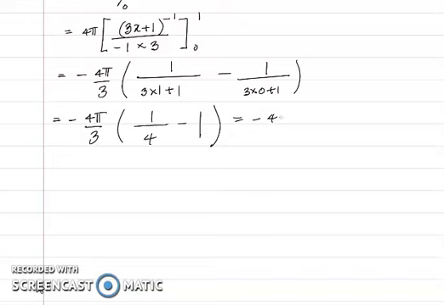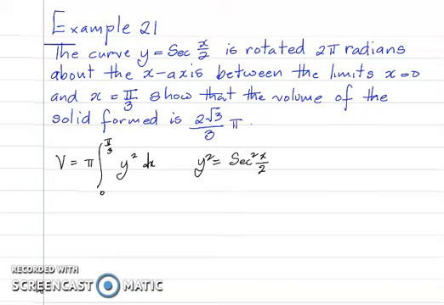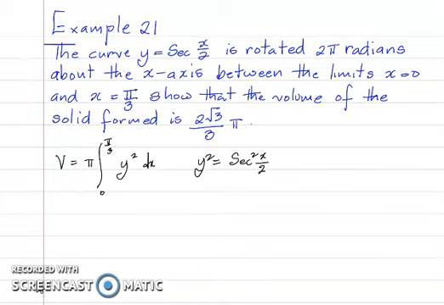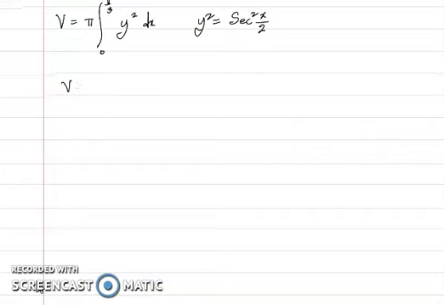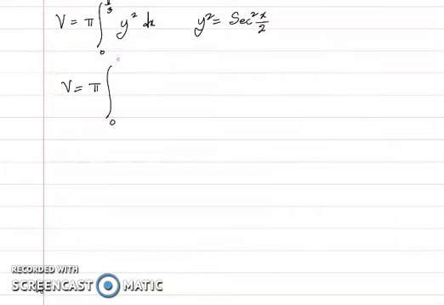If I square both sides, I'm going to get y squared is equal to sec squared x over 2. So the volume V would be equal to pi, the integral from 0 to pi by 3 of sec squared x over 2 dx.